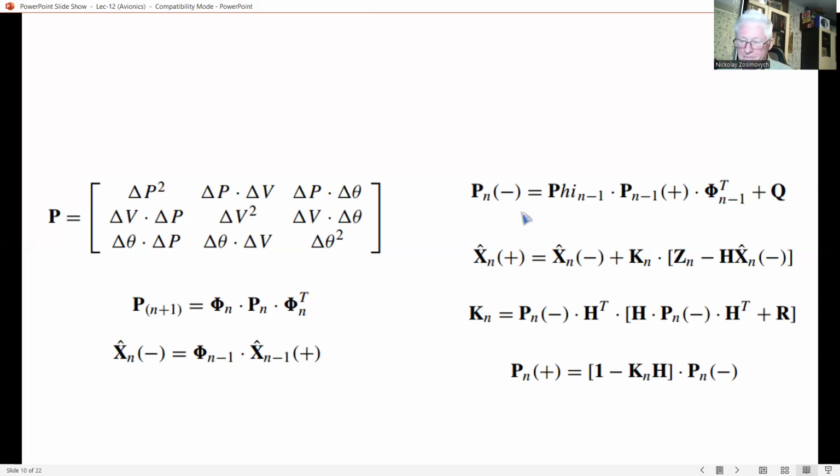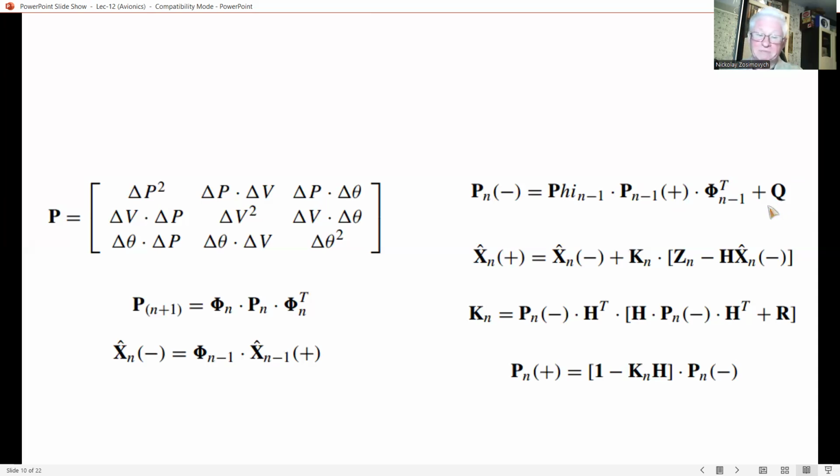Pn minus equals Phi from the previous step, times Pn from the previous step, times F from the previous step transposed, plus Q. Q is the covariance matrix of the random system disturbance.